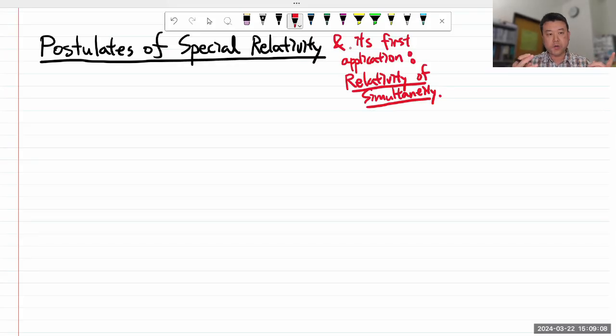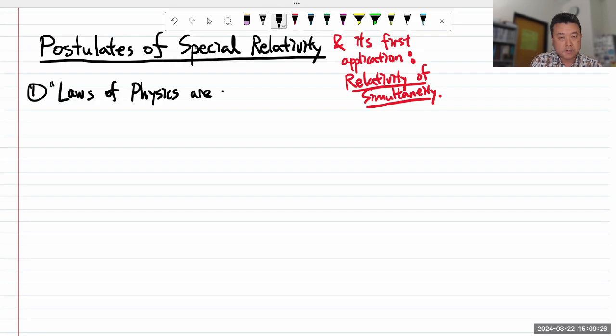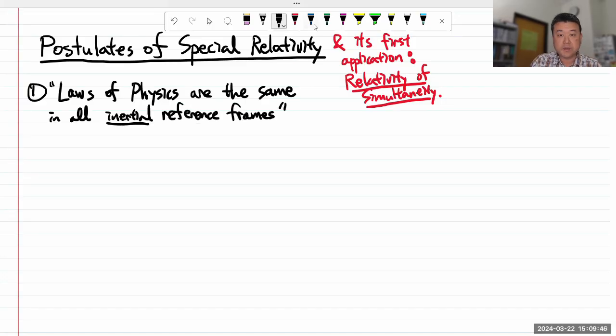Before we got to this point, we talked about the first postulate of special relativity, which one might call the principle of relativity. That is, laws of physics are the same in all inertial reference frames. And it's a really old principle.